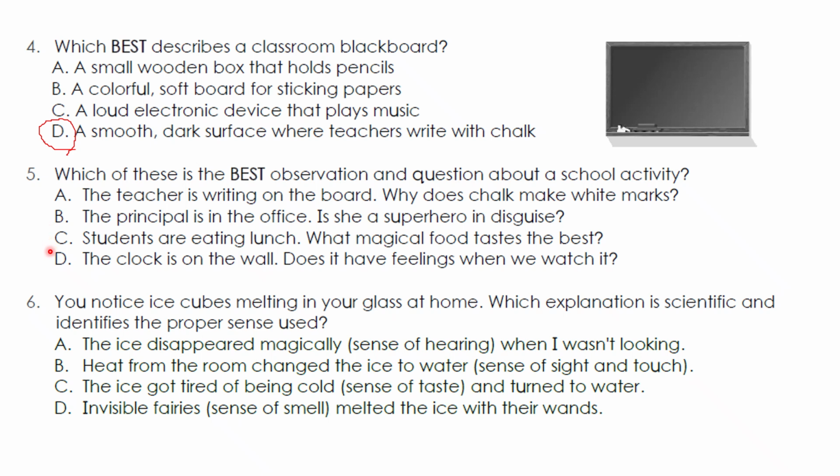C. Students are eating lunch. What magical food tastes the best? D. The clock is on the wall. Does it have feelings when we watch it? What is your answer, kids? Okay, the answer is letter A. Good job, kids.